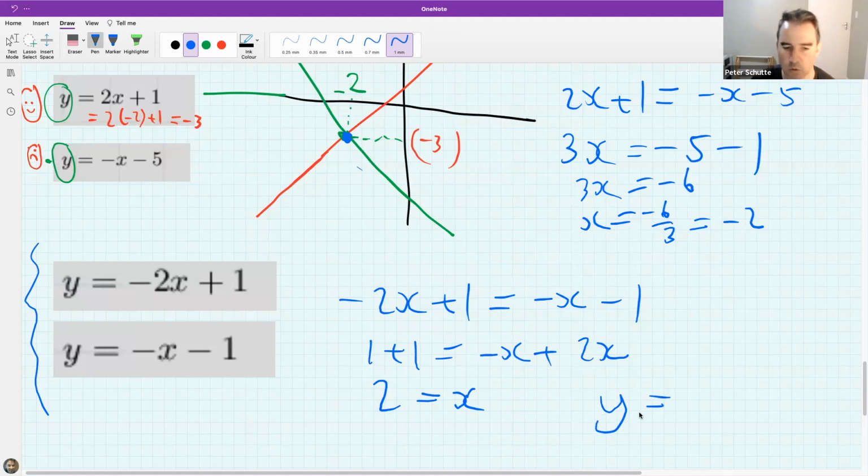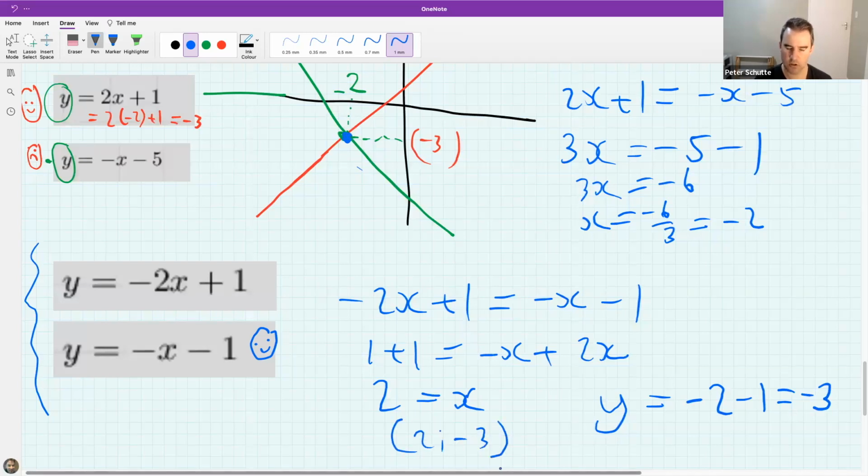But I still need the y coordinates. Now, both of them look not that friendly, but I guess this one looks friendlier than that one. So to find the y value that it goes with, I'm going to go -2 - 1, which is -3. And I get 2 - 3 is my intersection point for these two graphs, these two straight lines.